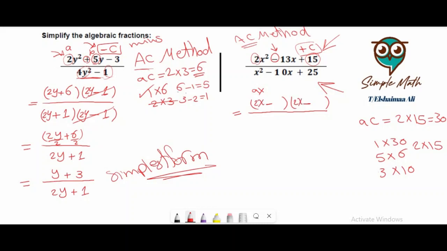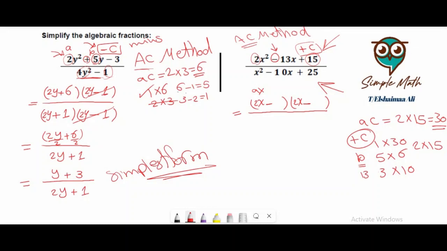And for the second term, what factors am I going to take for 30? 1 times 30, 5 times 6, 3 times 10, or 2 times 15. Because C is positive, I need to choose the 2 numbers that, if I add them together, will give me the value of B, the coefficient of the middle term, and it is 13.